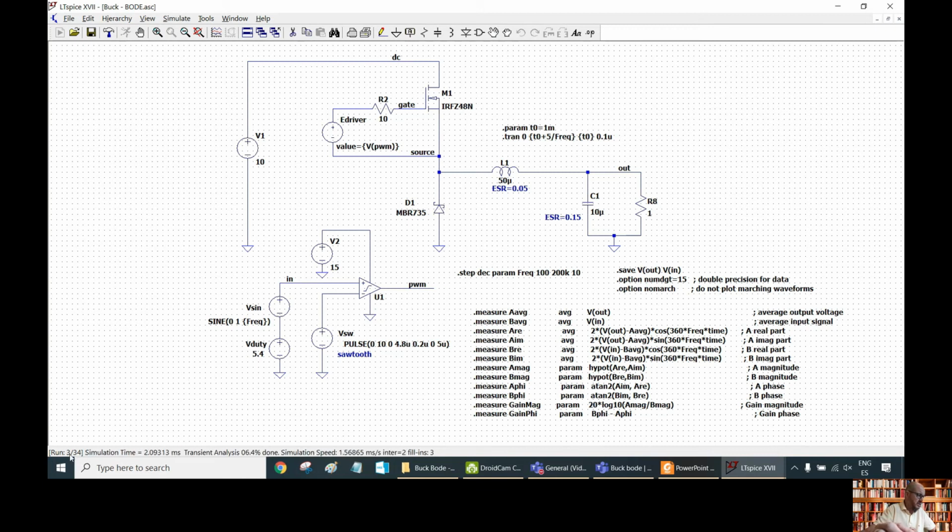So in total it is 34 simulations. This is to see the Bode diagram with better accuracy.